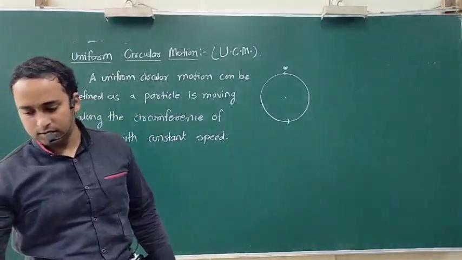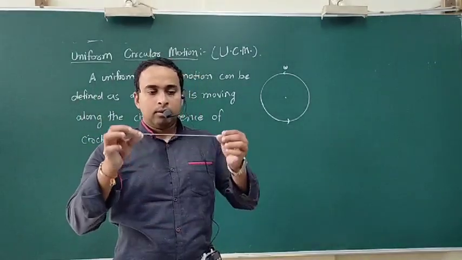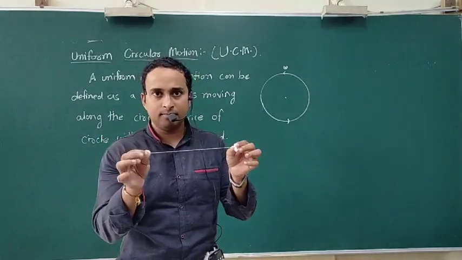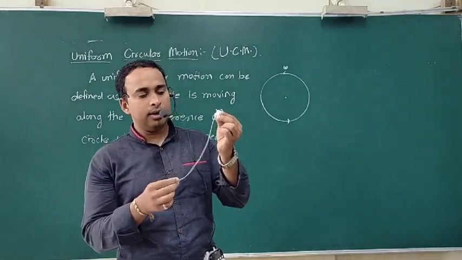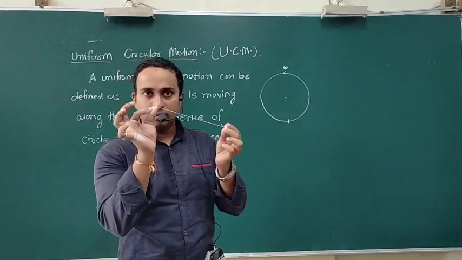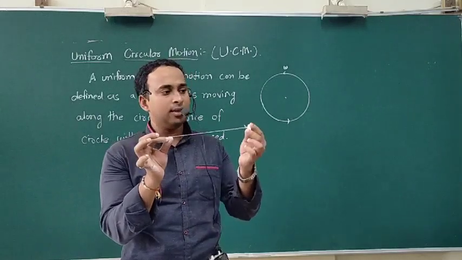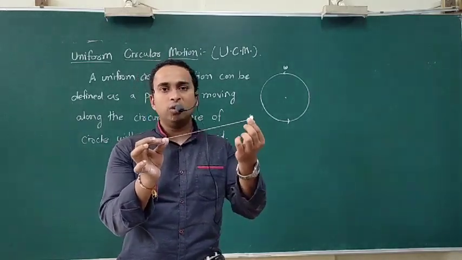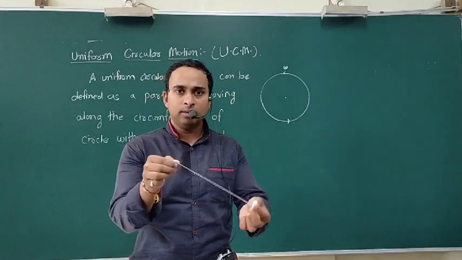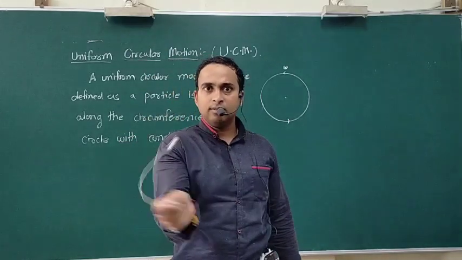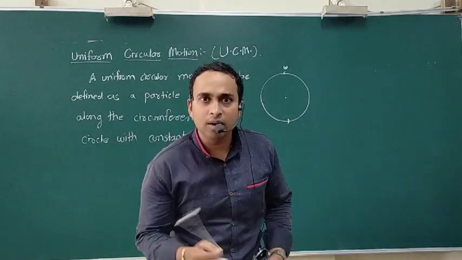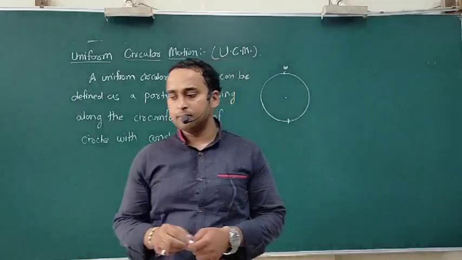Now see, we are taking a weightless string. One end of the string is fixed in my hand, and at the other end one chalk is attached. Suppose this is a particle. This particle is moving along the circumference of a circle.